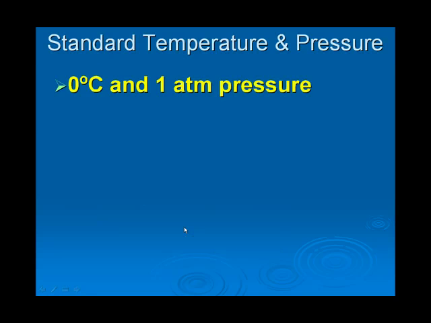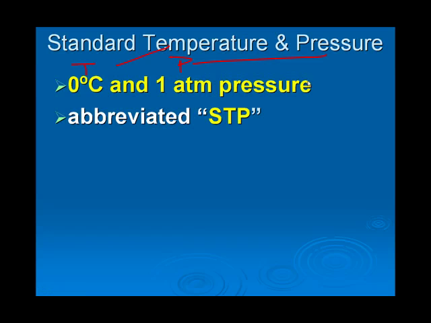Now, we're going to assume that all the problems are worked at standard temperature and pressure. And standard temperature is 0 degrees Celsius and standard pressure is 1 atmosphere. So here's my T and my P. It gets abbreviated as STP. So when you see that in a problem, that essentially is telling you 0 degrees Celsius, 1 atmosphere of pressure.